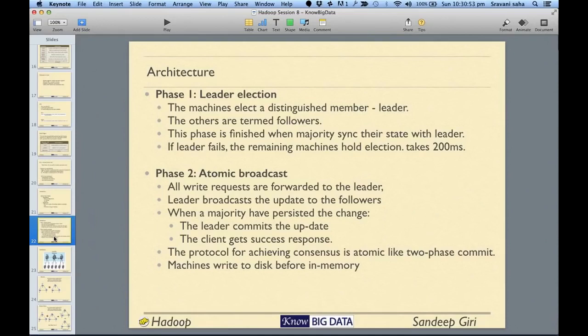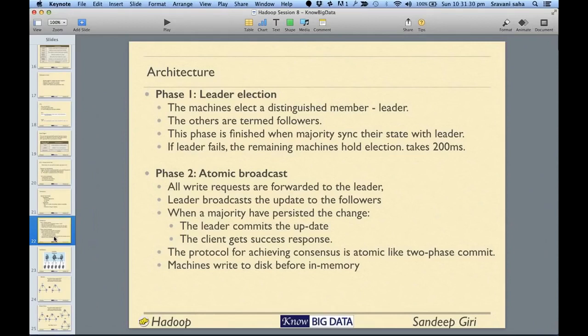Second is the atomic broadcast. All writes are forwarded to the leader. The leader broadcasts the update to all the followers, meaning the data is flowing from the leader to the followers. If you remember our NoSQL discussion, it is like the central one where people are writing to one and reading from another, and the data is flowing from the node which is accepting writes to the others which are only for reads.